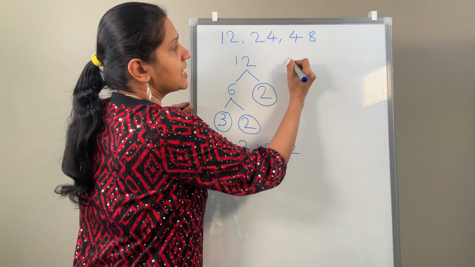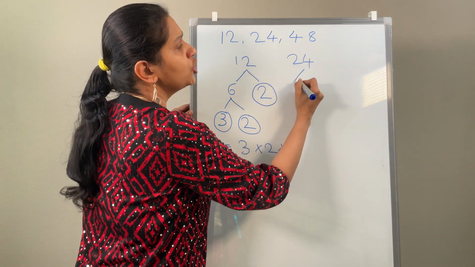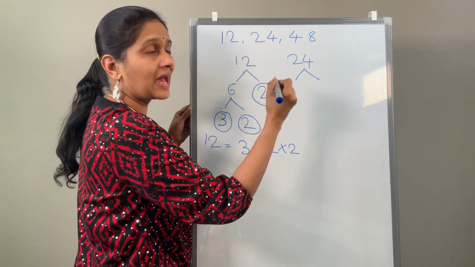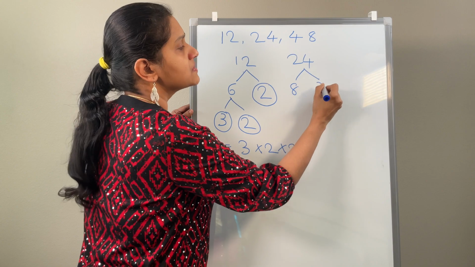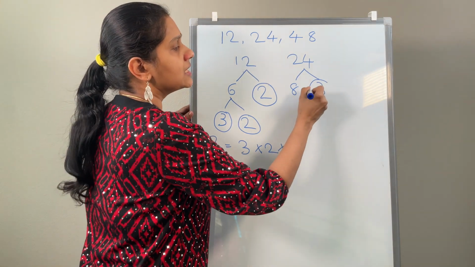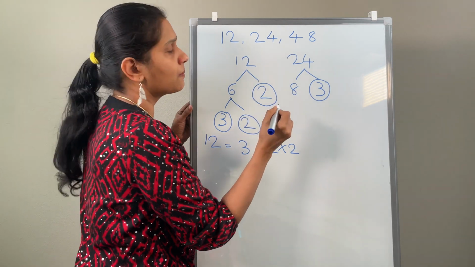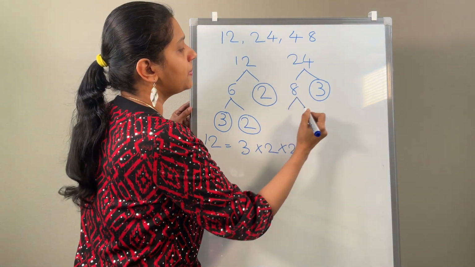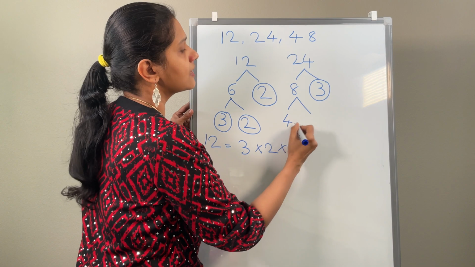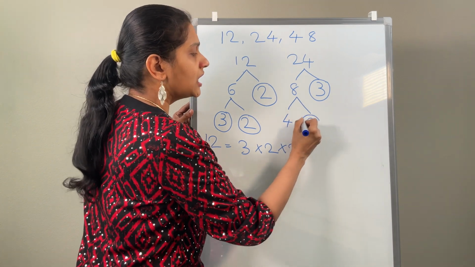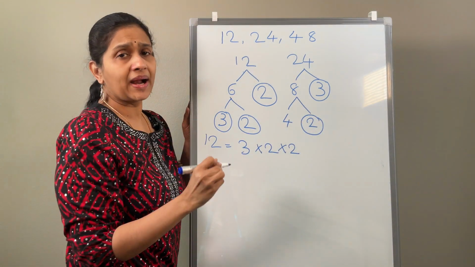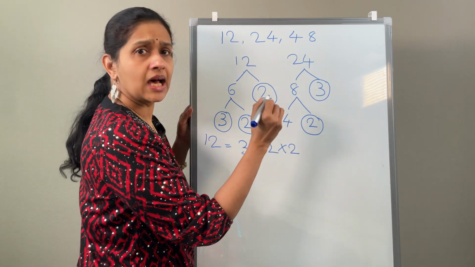Now let us take the next number, 24. You know 24 can be written as 8 times 3. Here 3 is a prime number but 8 is a composite number. So you have to further break it down as 4 times 2. Here you can see 2 is a prime number but 4 is a composite number.